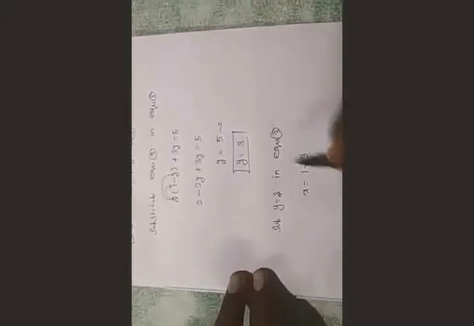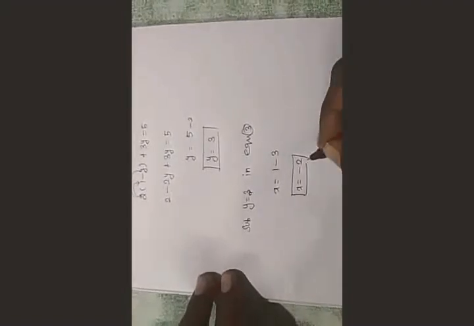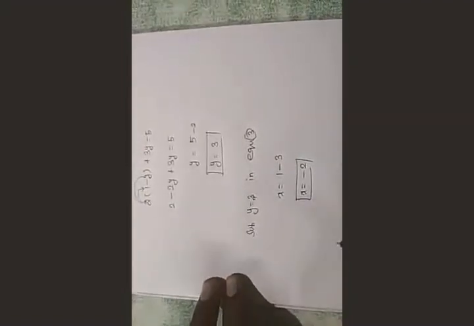There is no condition; you can substitute the y value in the first, second, or this third equation. Now substitute y is equal to 3 in equation number 3: x is equal to 1 minus 3, which is minus 2. So the x value is minus 2, the y value is 3. Verified.